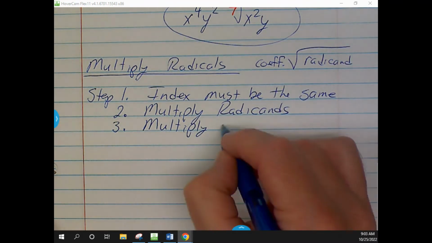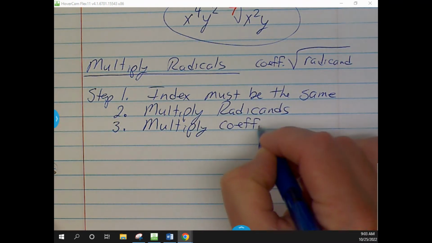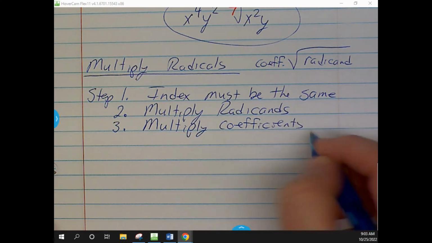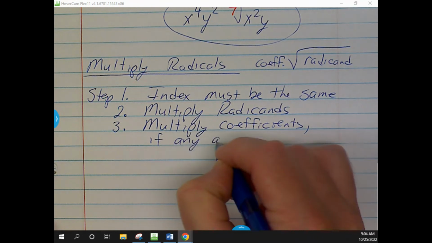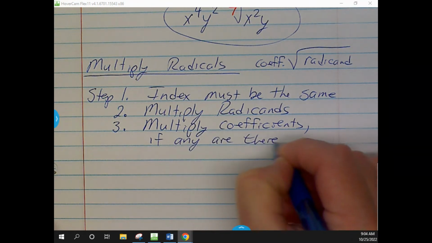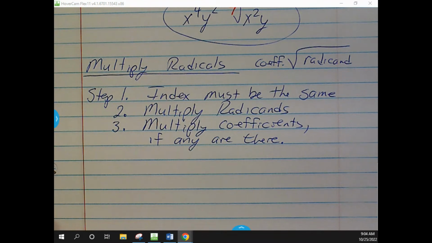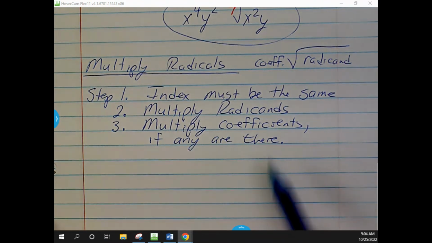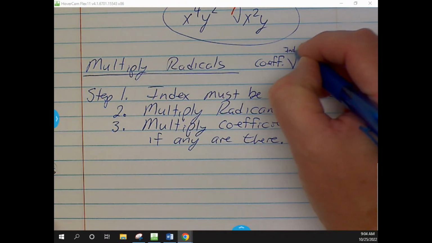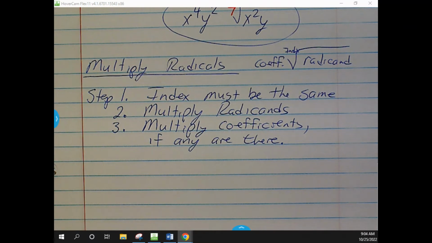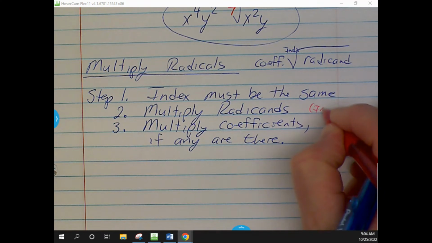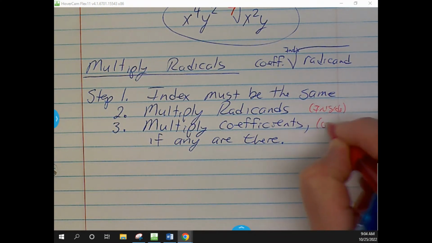Multiply your coefficients if there are any. So you've got your coefficient in front and your radicand here. Technically your index would be right there. Basically you're multiplying your inside numbers, and you're going to multiply your outside numbers.